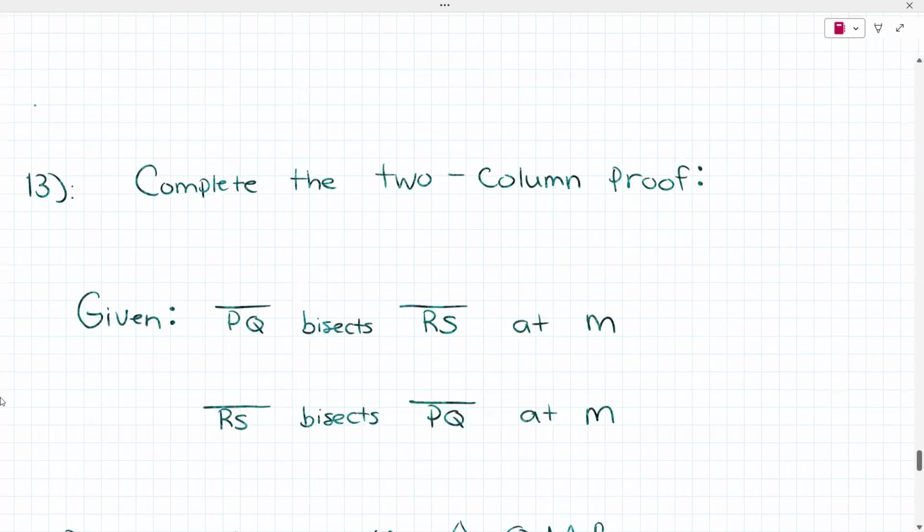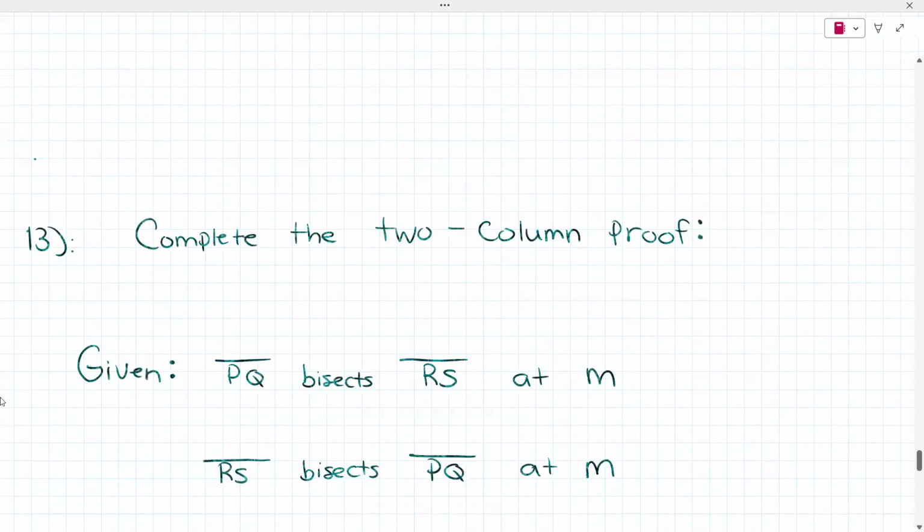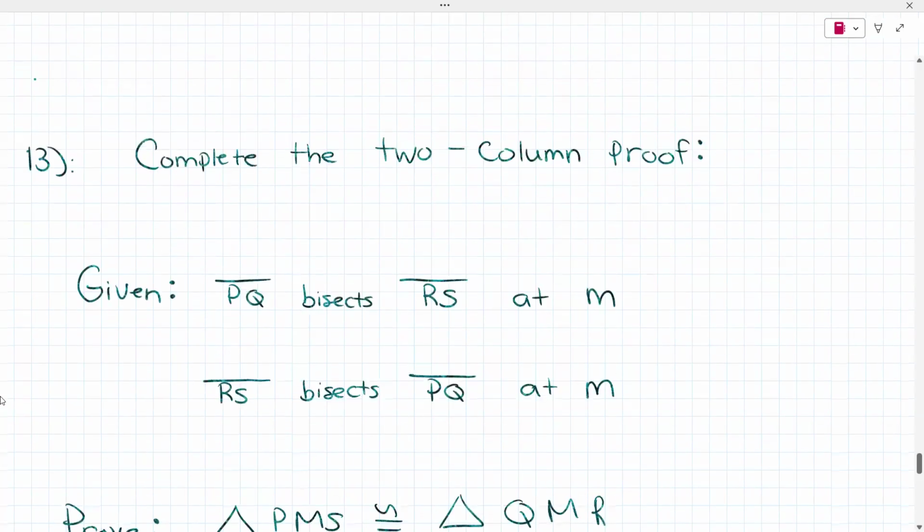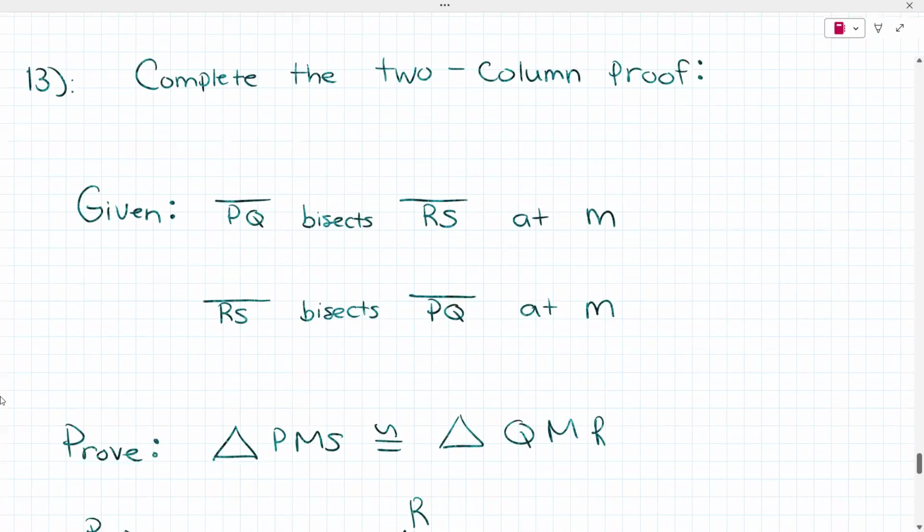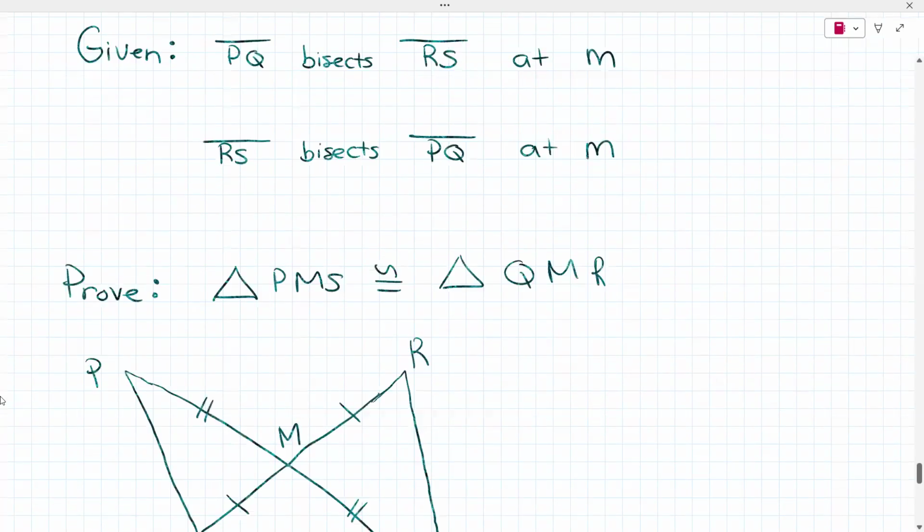Okay, let's do a proof. Complete the two-column proof. We are given that line segment PQ bisects line segment RS at M, and line segment RS bisects line segment PQ at M. Prove that triangle PMS is congruent to triangle QMR.